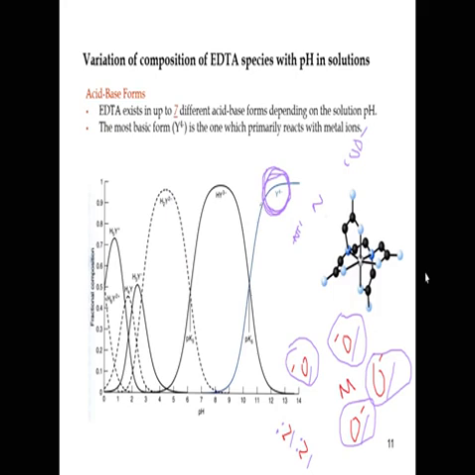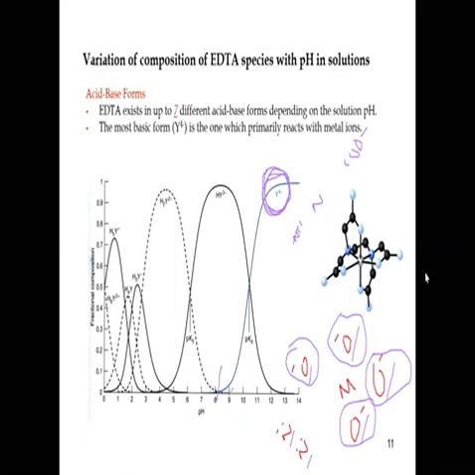To get the maximum of this one, somewhere around pH 12, you get 100% of this one, no other species. But this species begins to appear somewhere just above pH 8, right? Y4 minus just begins to appear.